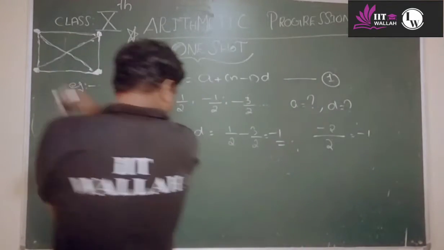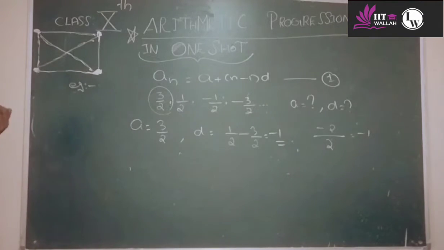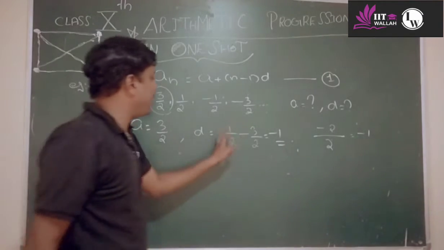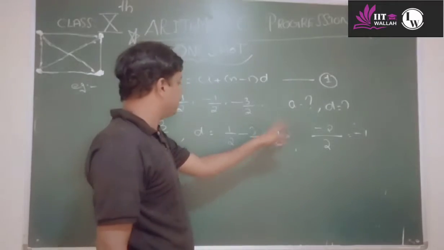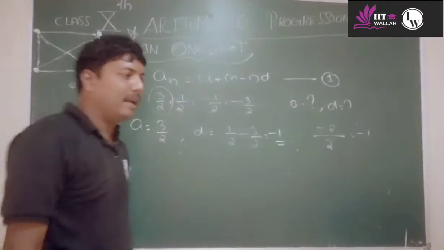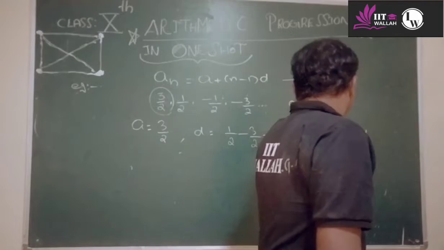Or you can say 2 minus 6 is minus 4 by 4, which is minus 1. Like this also you can do.